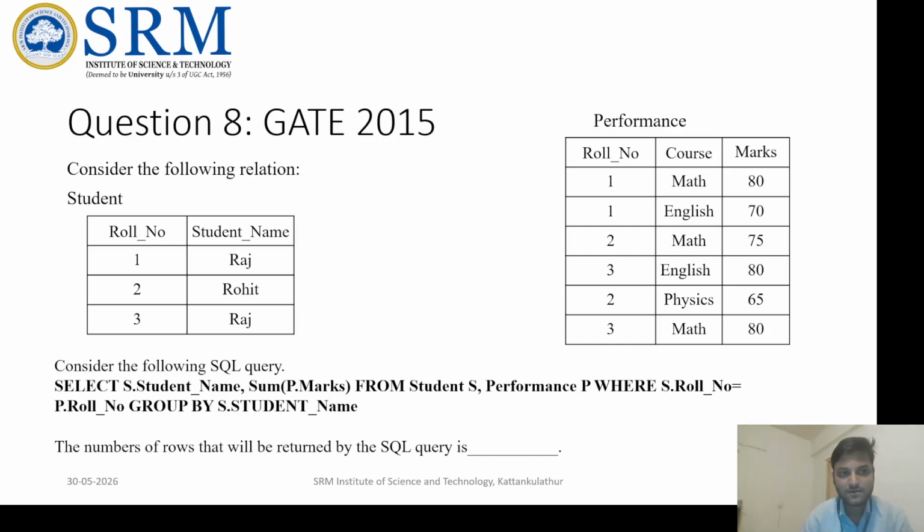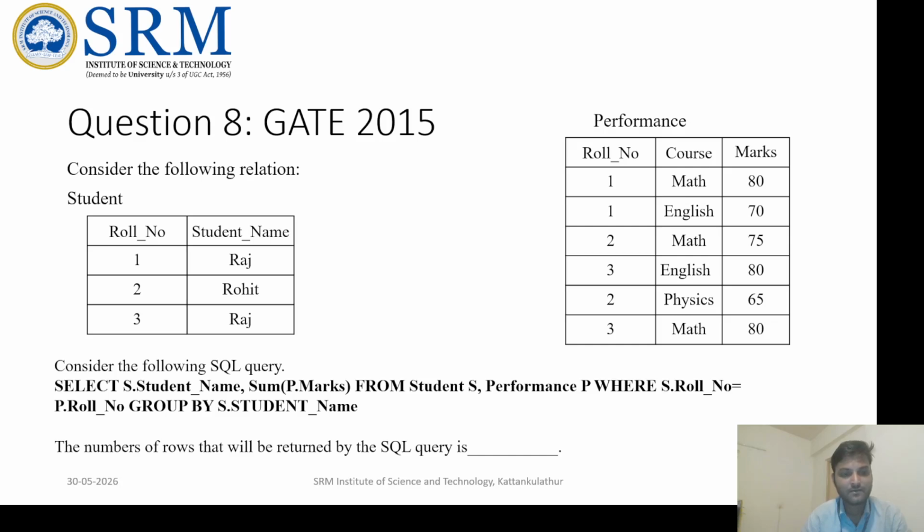Okay, so the question is: consider the following relations. There are two relational tables, one is student, another one is performance. In student, roll number and student name are there. In performance, three attributes are there: roll number, course, and marks. The common attribute between them is roll number.